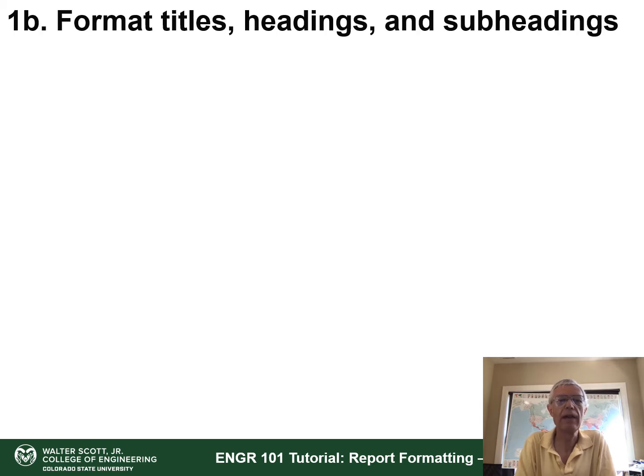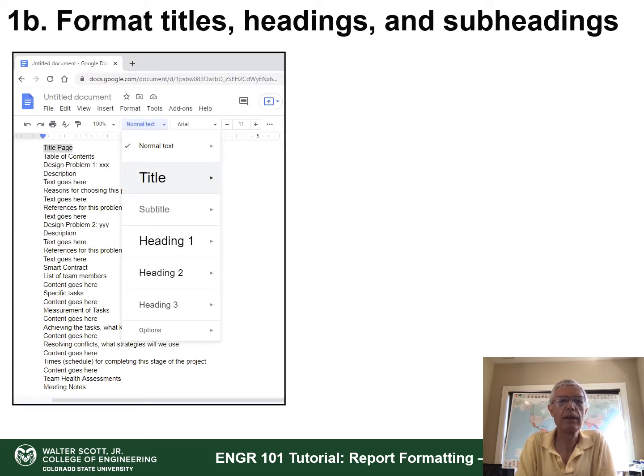So once you have that outline, what you will do is you will format titles, headings, and subheadings. Basically what that means is you'll take every line of this outline and you will identify what it is and what kind of font it should have. The way that you will do that is you highlight that particular line of text.